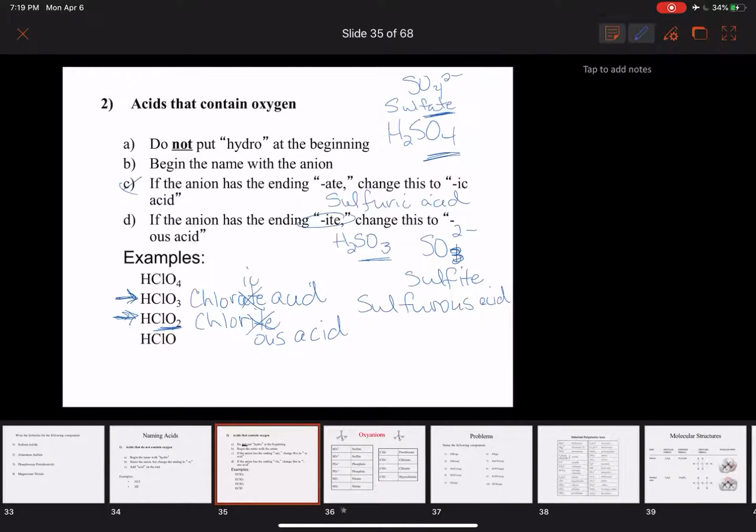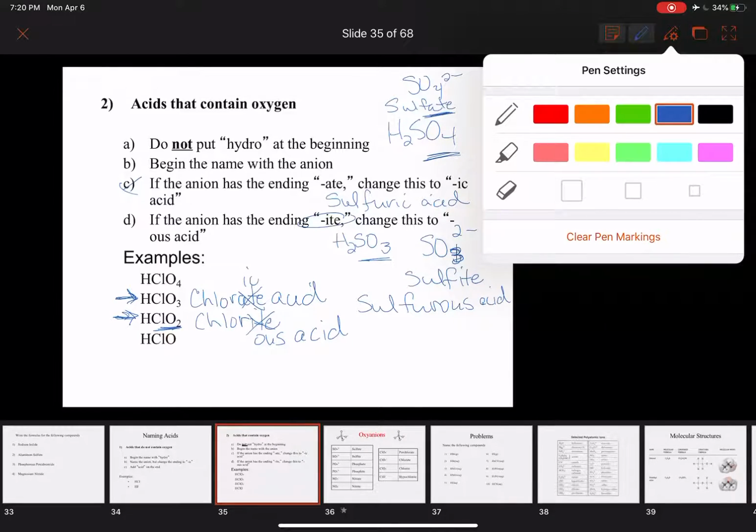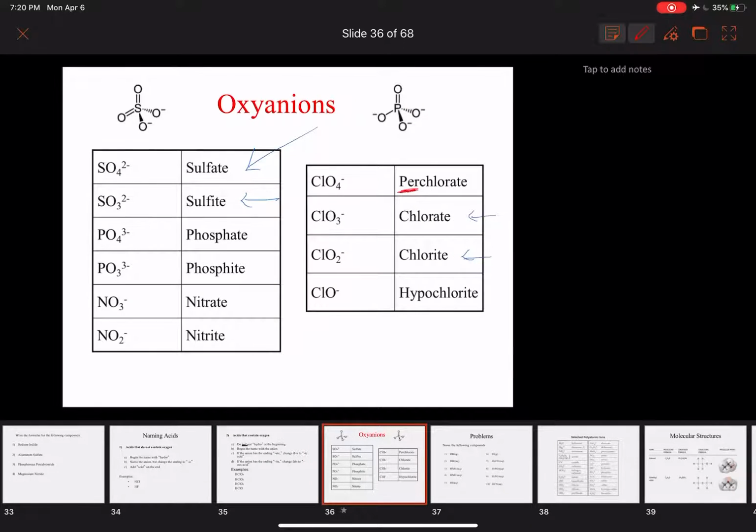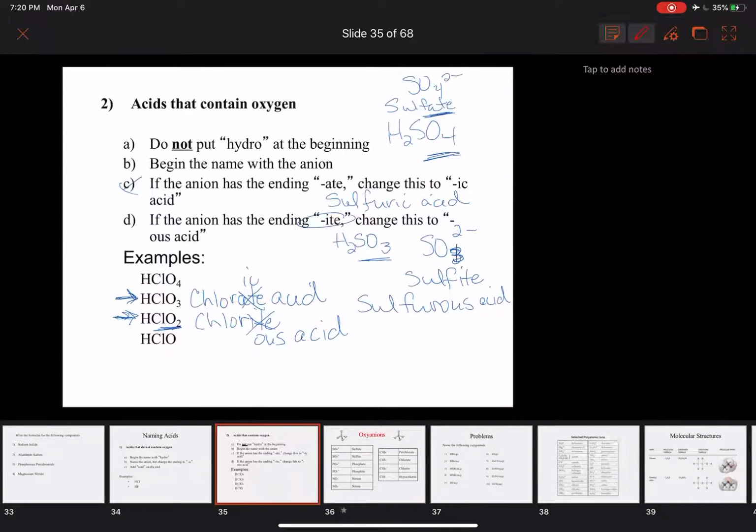So what happens when we have more oxygens than chloric acid has, and what happens when we have fewer oxygens than chlorous acid has? Well, we don't change the endings at all. All we do is we add on that prefix that we had here and here. So we still have a chloric acid, but we put the prefix on the front, and now we have perchloric acid. So that one is that one right there, okay?